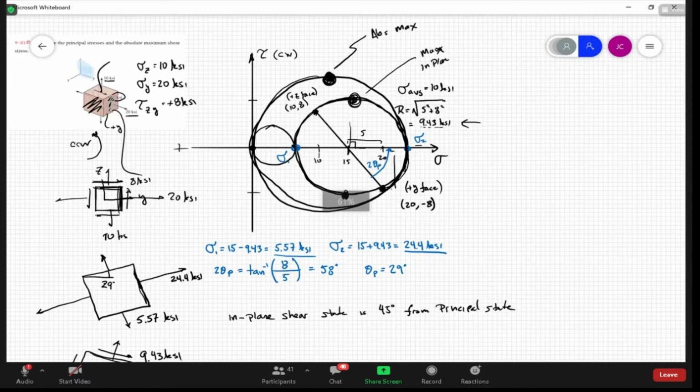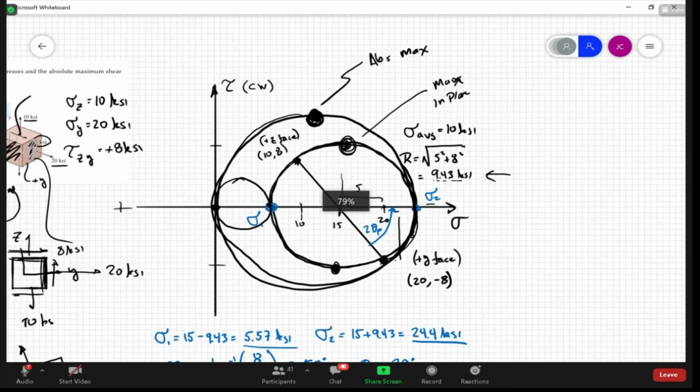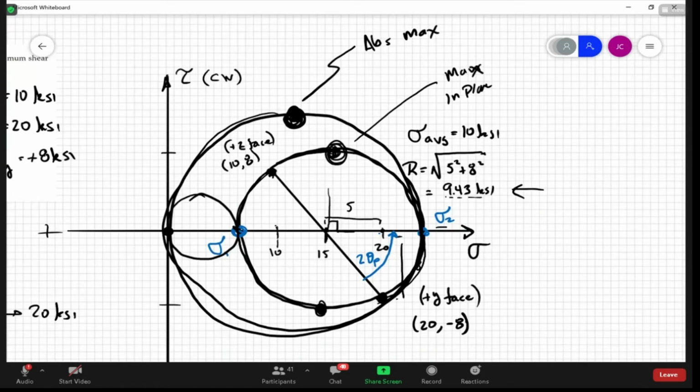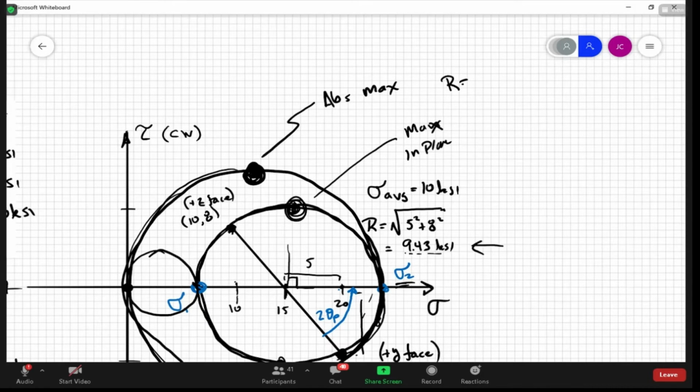So right here, let's figure out what's the value at this point. This bigger circle here has a diameter equal to the second principal stress, okay? So the radius of that circle is going to be the second principal stress over 2.